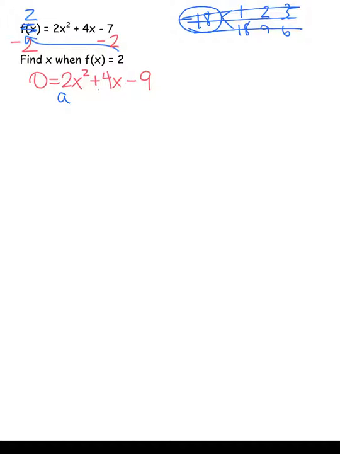A is 2, B is 4, C is negative 9. So we plug things in. x equals negative b. So this time there's a negative in the formula, and b was positive 4, so it looks like negative 4, plus or minus, that way we always get our two answers. Plus or minus always in front of a square root, right?